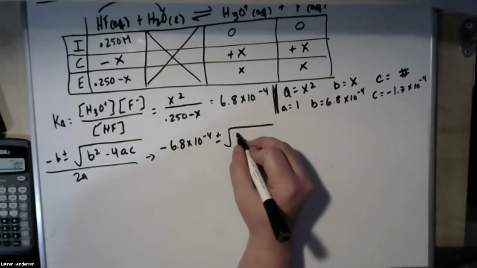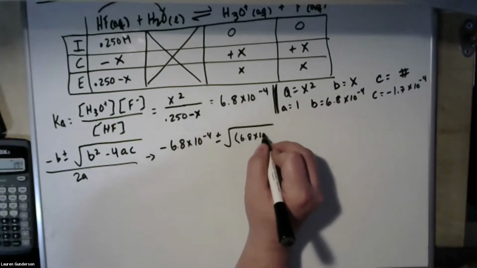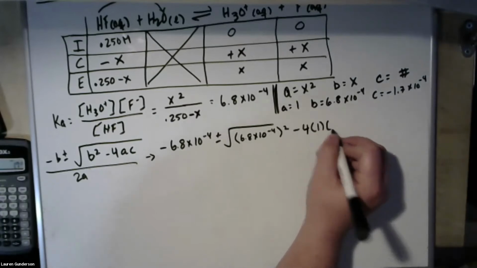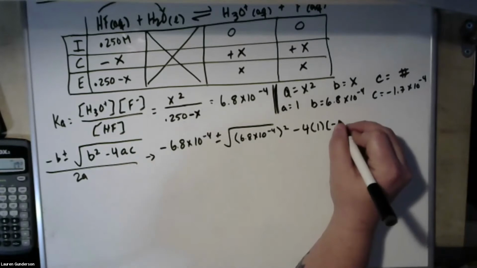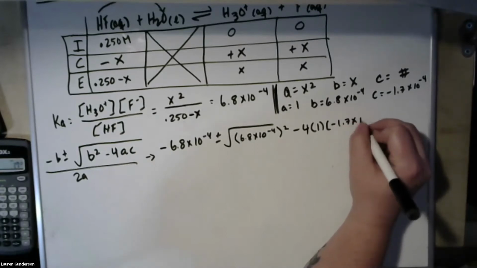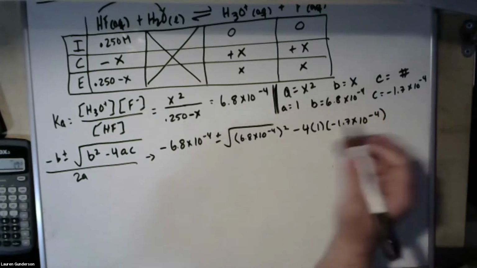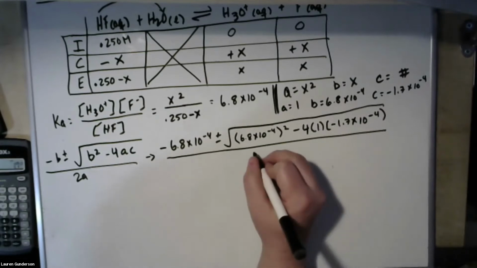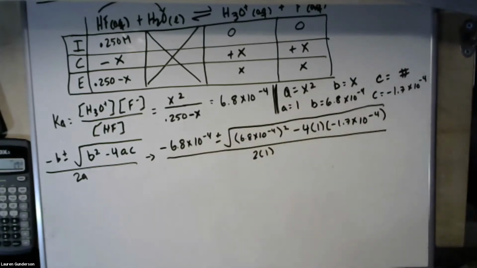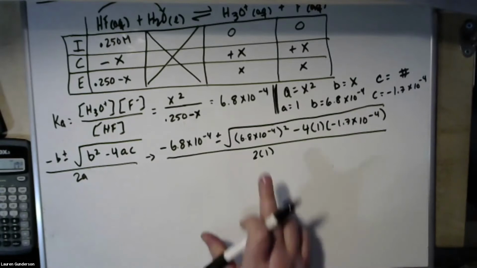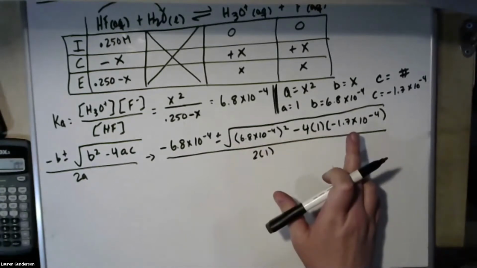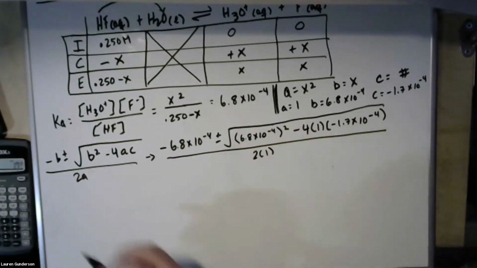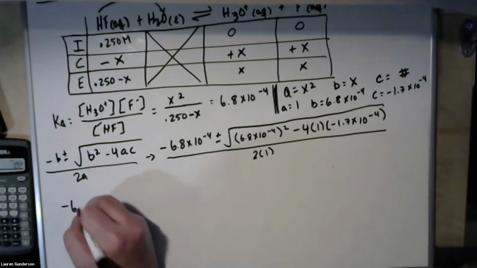Okay, so we have b squared 6.8 minus 4 times 1 times negative 1.7 times 10 to the negative 4. And all of that is going to be over 2 times 1. Okay, so I'm going to solve out what's underneath that square root first, kind of like I did when we were looking at the quadratic in the last chapter. And I'm going to rewrite it down here.